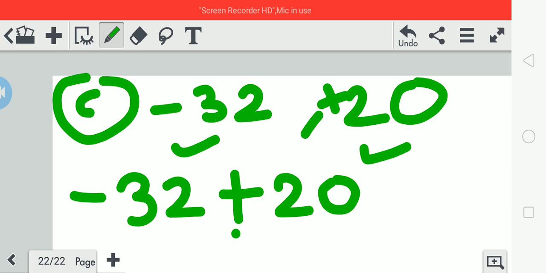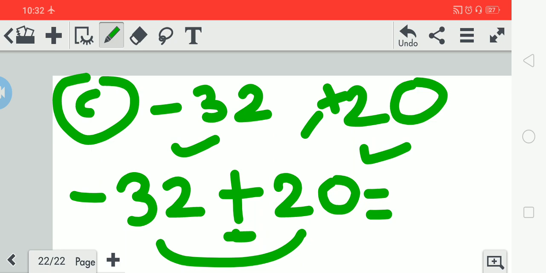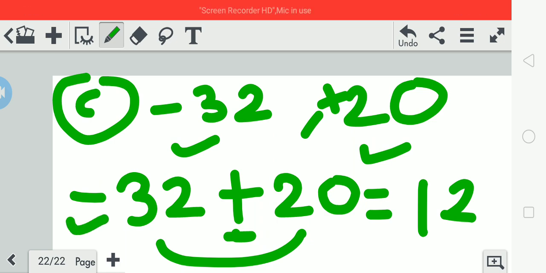So what is our rule number 3? If one number is negative and one number is positive, then your answer may be positive or may be negative. In this case, we do the subtraction. So 32 minus 20, that is 12, and the greater number's sign applies. The greater number is 32, its sign is minus, so apply the minus sign. So in this case, your answer is minus 12, right?